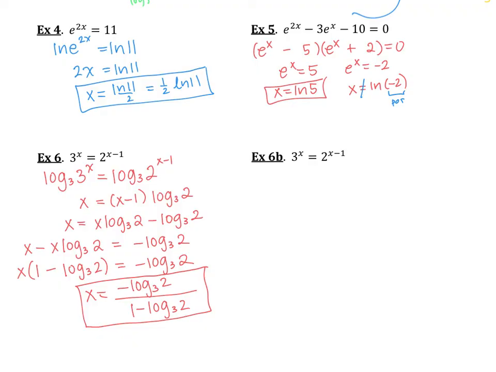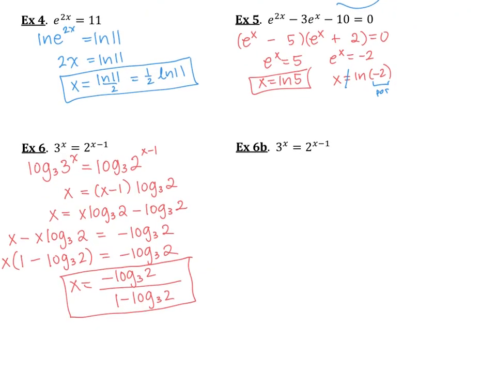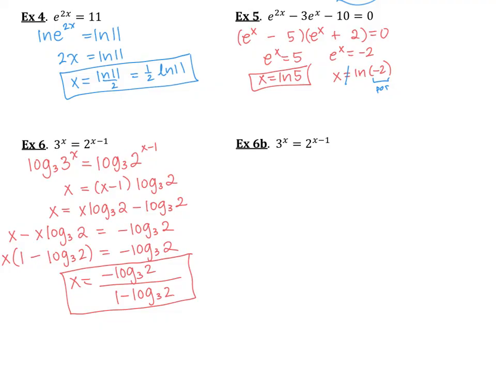Okay, now I want to rework that problem again. This time I'm going to use common log or natural log. I'm going to use natural log so I can write one less letter than log. So I'm going to do natural log on both sides. Because of the exponent rule, I'm going to bring the exponent down.